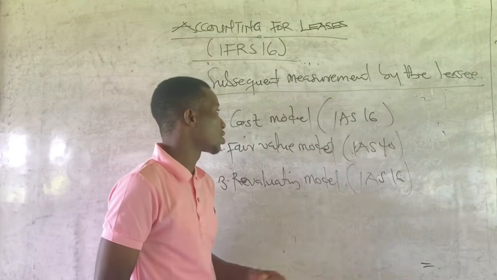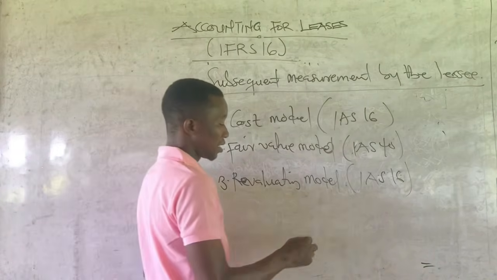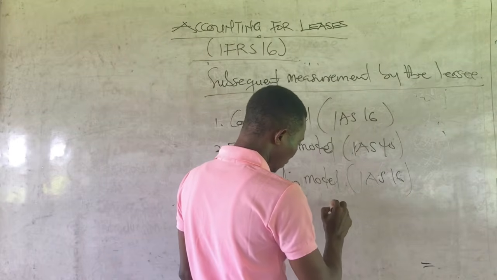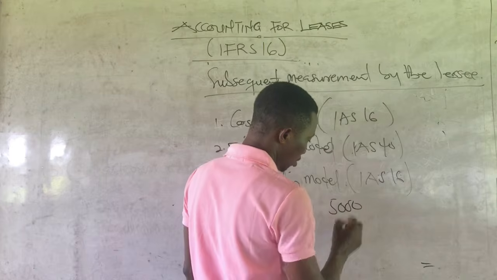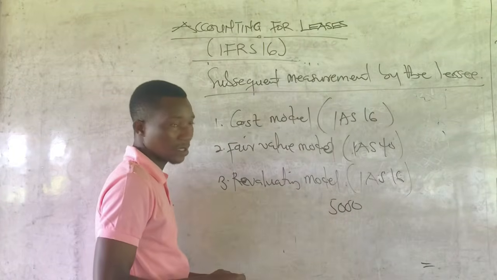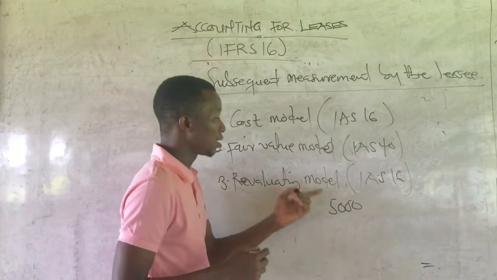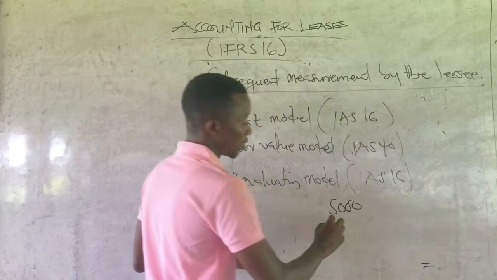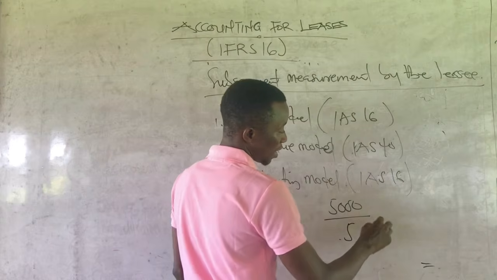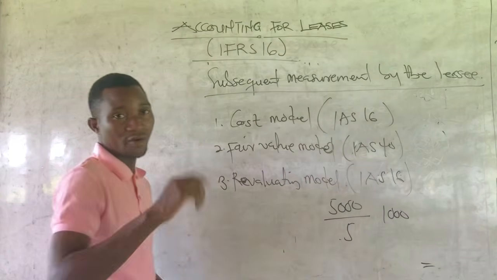Is that okay? So when the value of the asset at the commencement date is maybe 5,000 cedis, and the lease term is 5 years, in depreciating the asset using the cost model, because the lease term is 5 years, we divide by 5, and it is going to be 1,000 for each year.